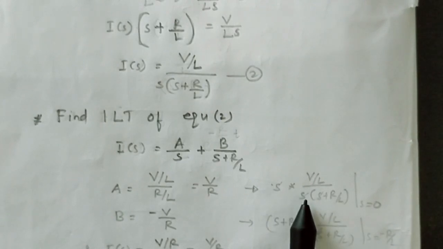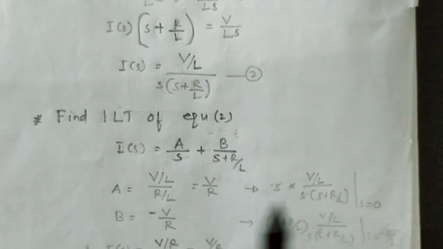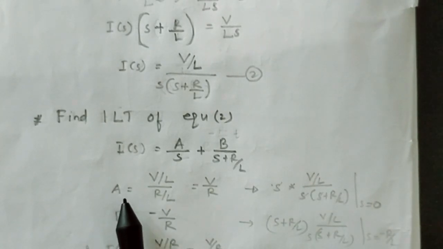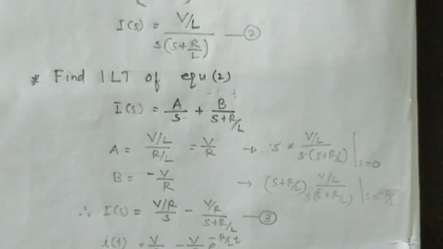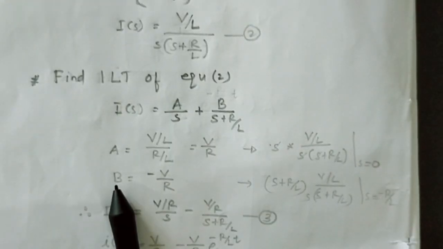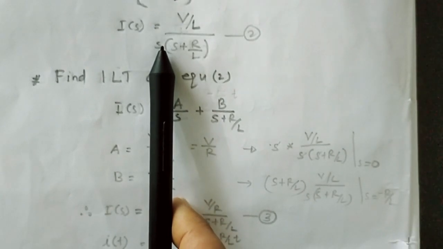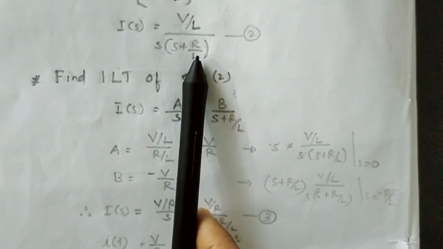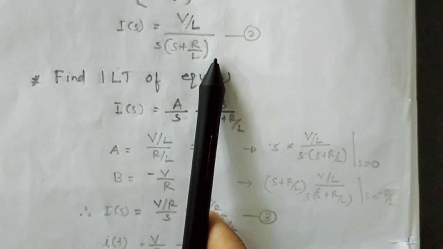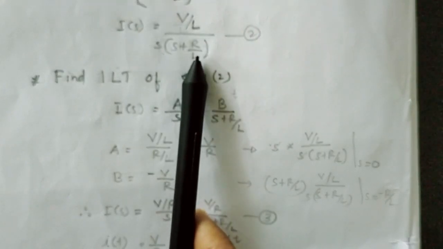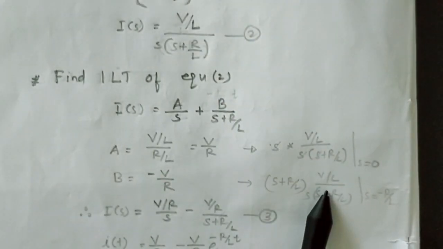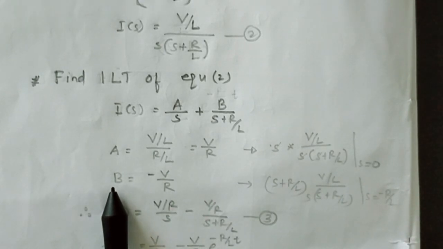Here S and S get cancelled, and by solving, we obtain A as V by R. Similarly, to find B, we multiply this equation by S plus R by L and equate S to minus R by L. After solving, we obtain B as minus V by R.